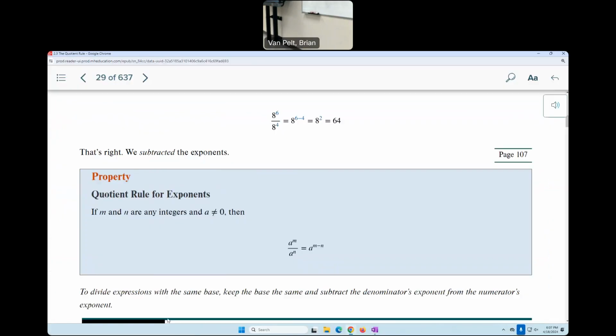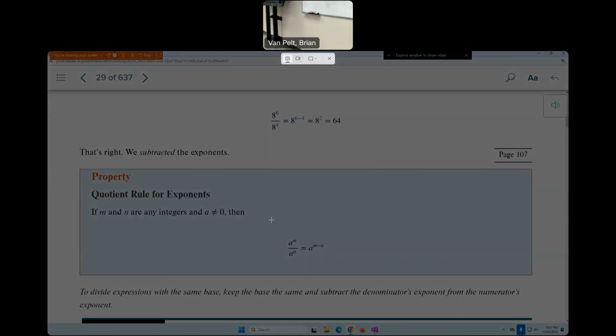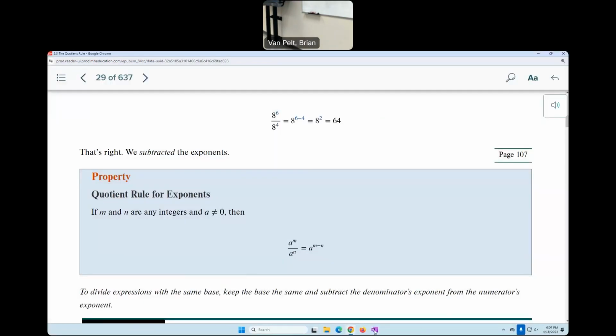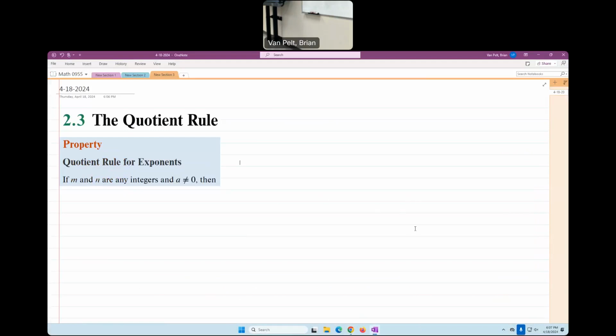I'm doing this in two parts so I can expand this to a larger size. This is the one rule we're going to make use of constantly.